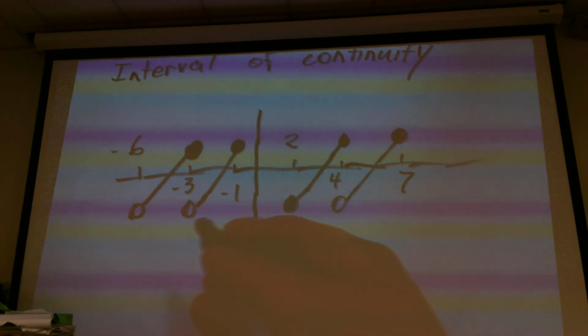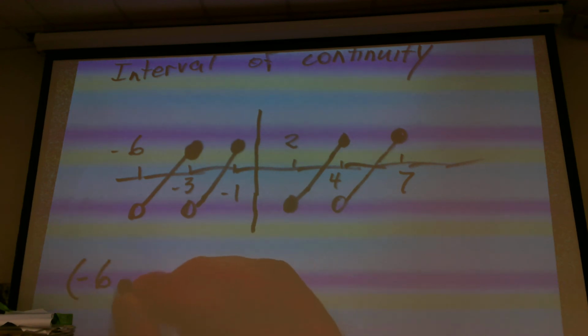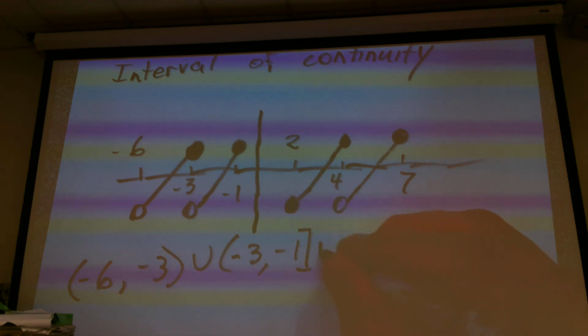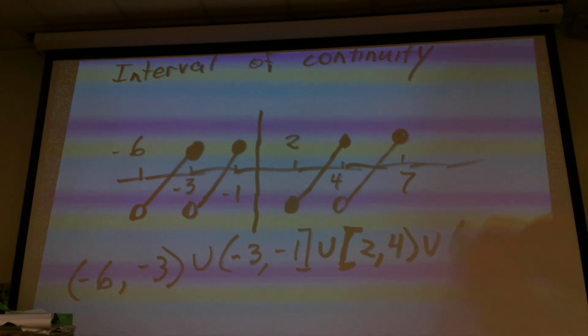Okay, so that would be parentheses -6 up until -3, and then union -3 to -1. Now this guy's going to get a bracket, okay? Because these two sets are disjoint from each other. And then union, okay, this would be, that gets bracket. 2 to 4, let's union that, 4 to 7. Okay, so this would be the interval of continuity.